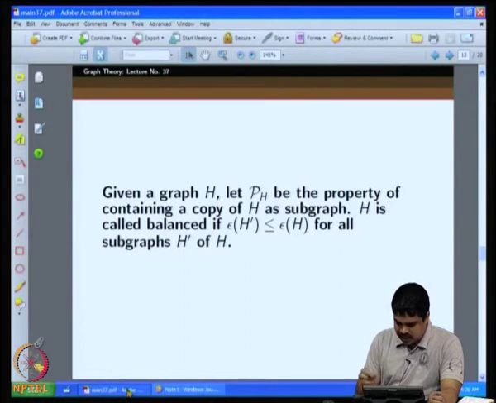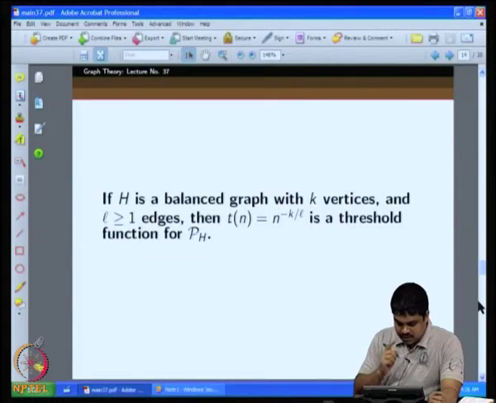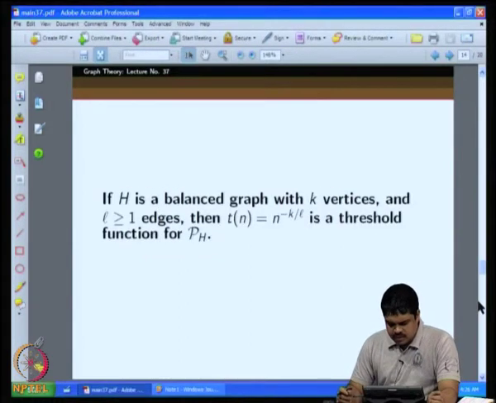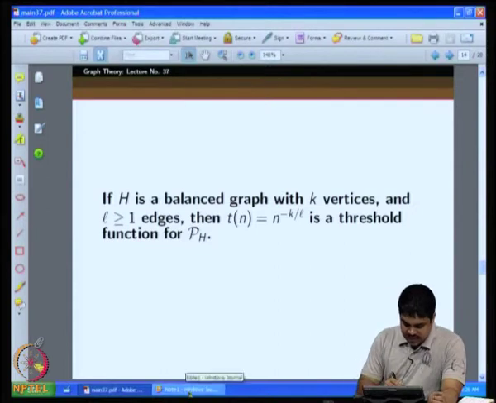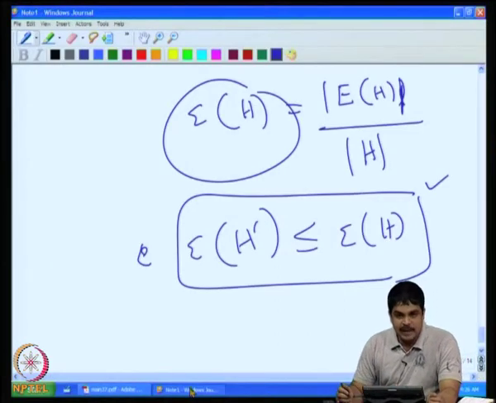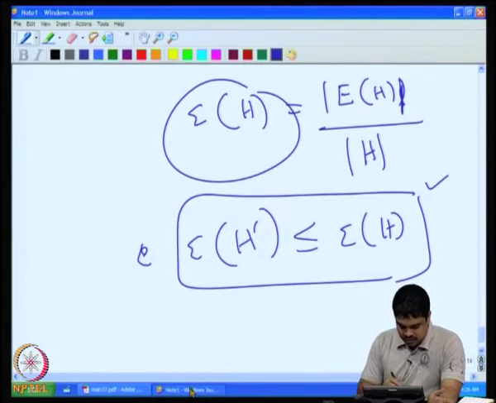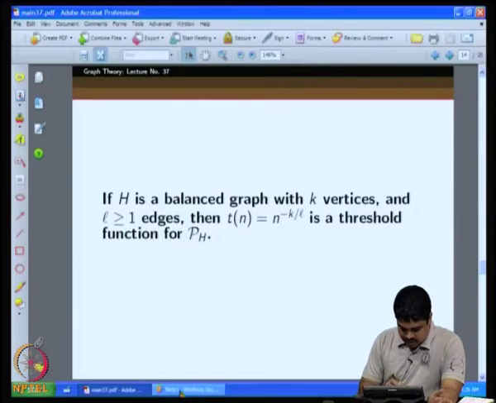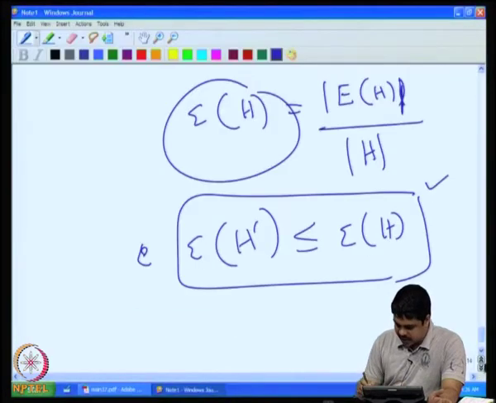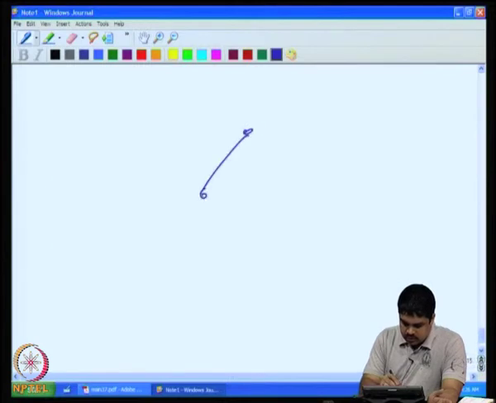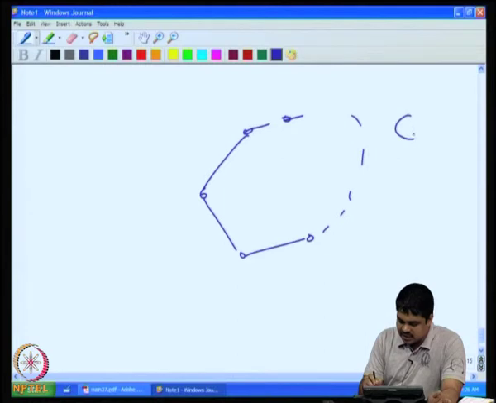Now, to understand why we are considering balanced graphs: that is because many of the simple graphs are balanced. For instance, you can think of a cycle C_k of length k.